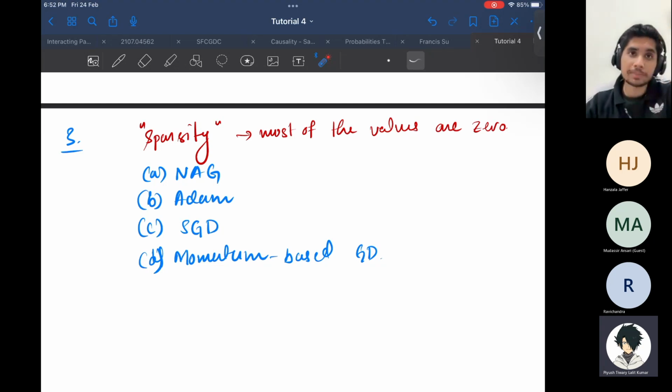If your data is sparse, think of it that your data is given to be sparse. What does that mean? If you remember from the lectures, we know that when the data is sparse, you have something called sharp valleys, and in sharp valleys, an algorithm like Adam works the best.